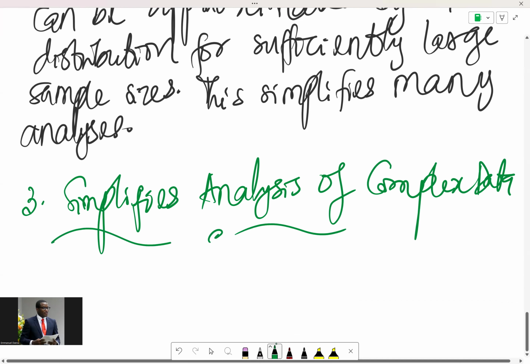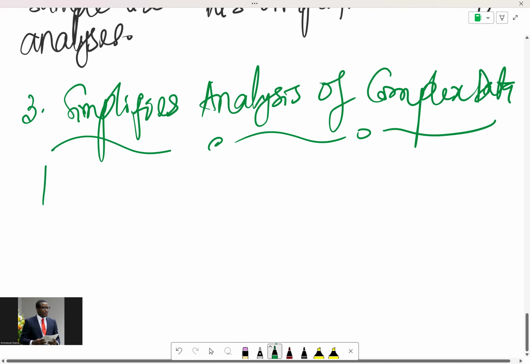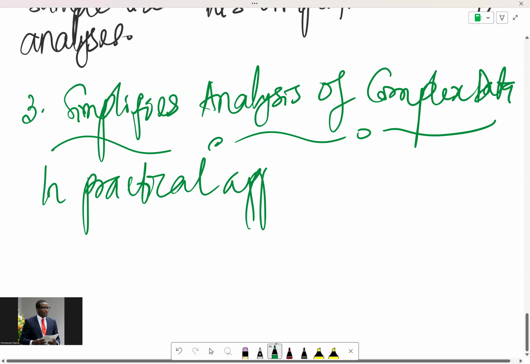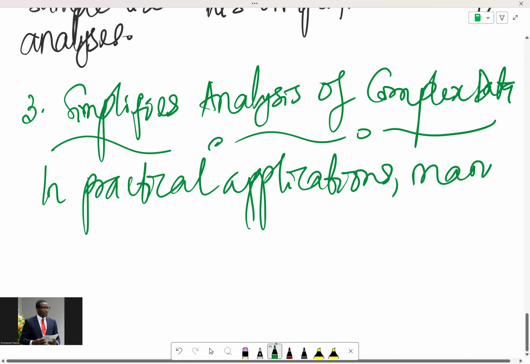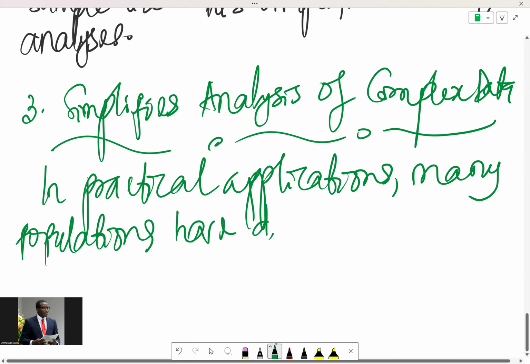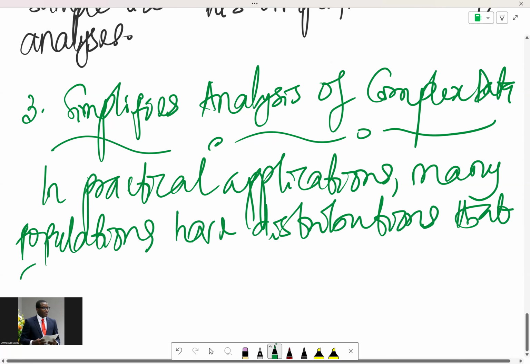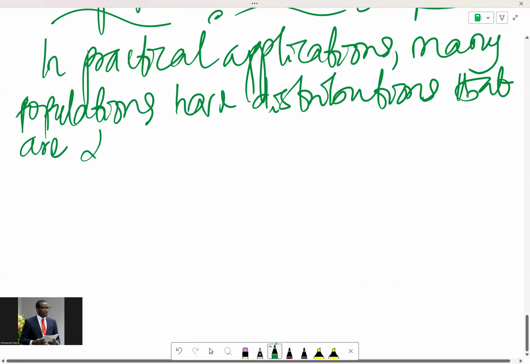In practical applications, many populations have distributions that are difficult to work with.